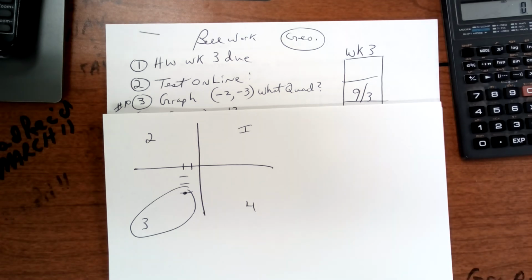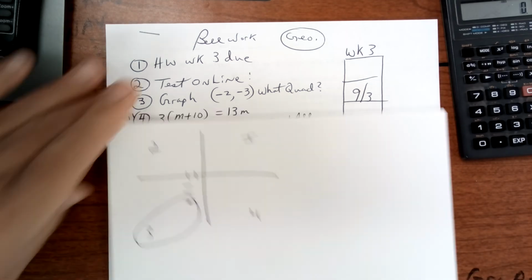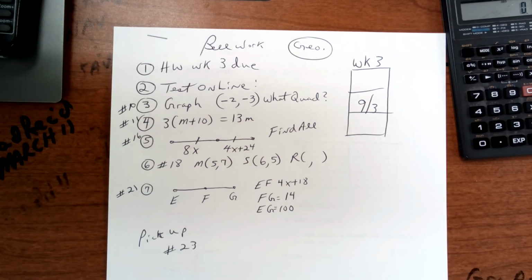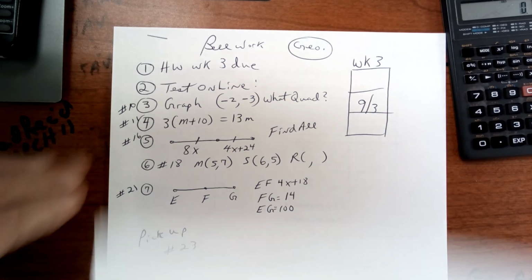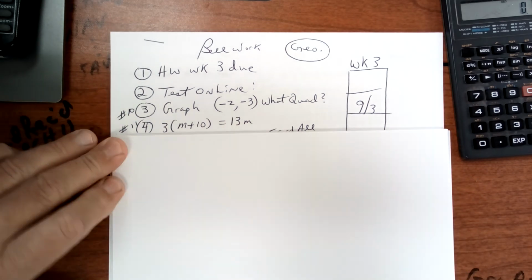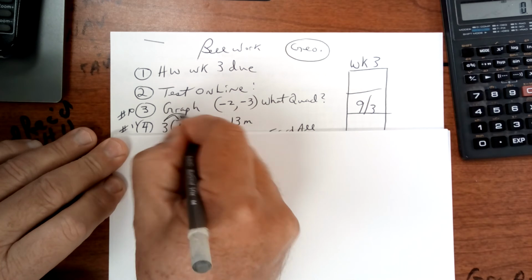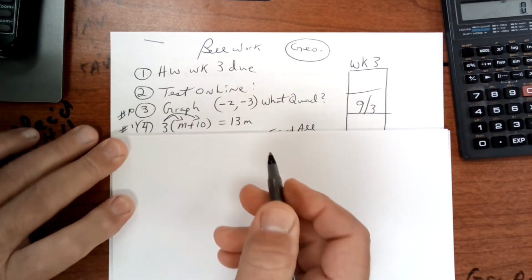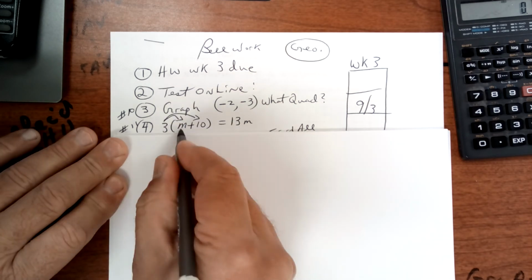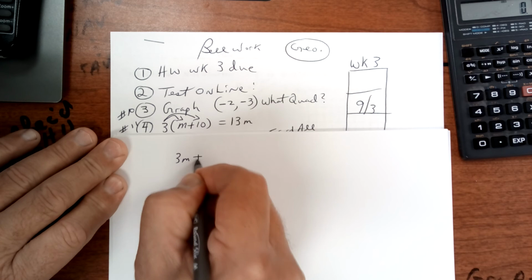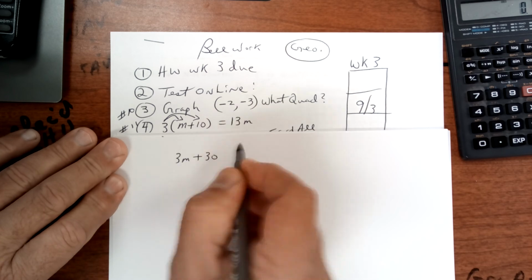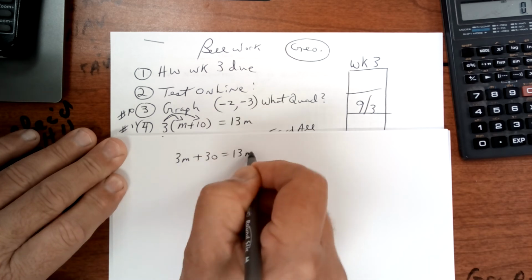Okay, so the next one, which is number 10, or rather 11, you're going to distribute. So draw your arrows like it's February 14th. So you're going to get 3m plus 3 times 10 is 30 equals 13m. Draw your line.